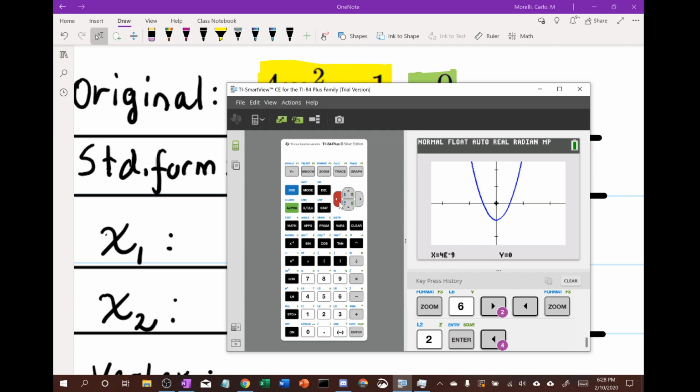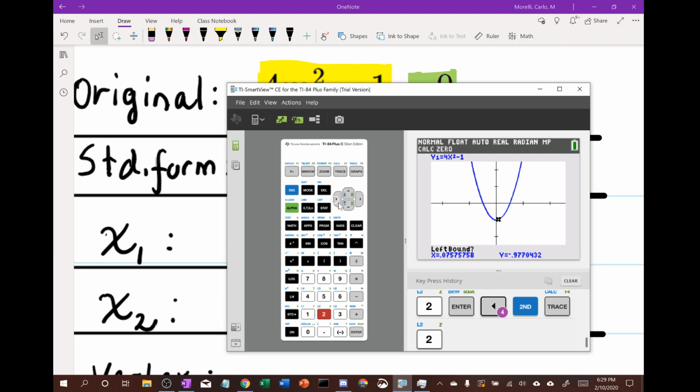Okay, so here we go. Now you guys can see it. So we're going to find the x-intercepts by doing second trace 2.